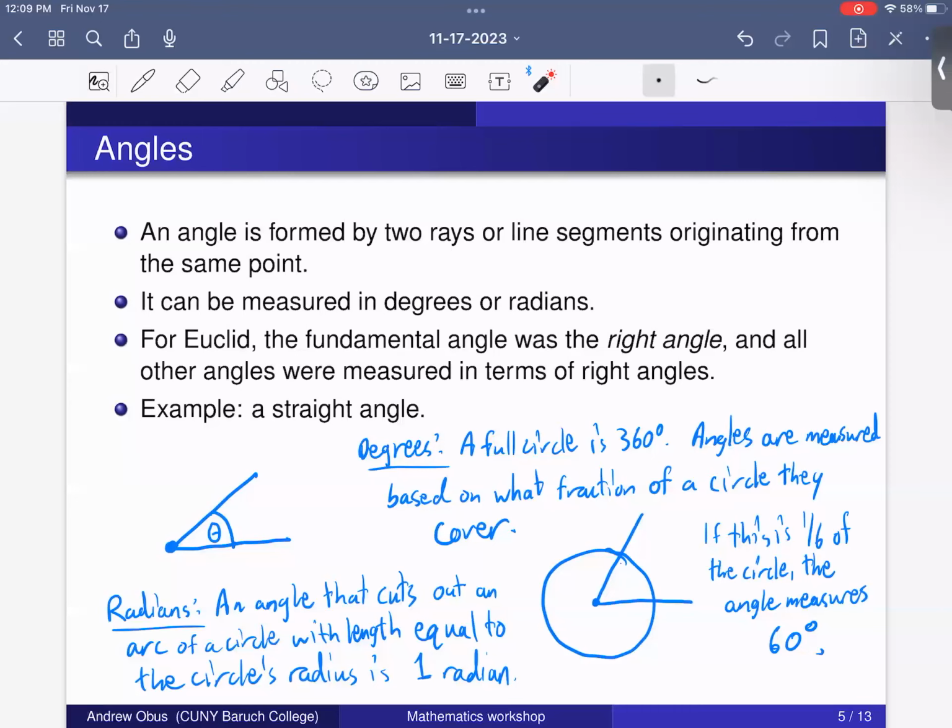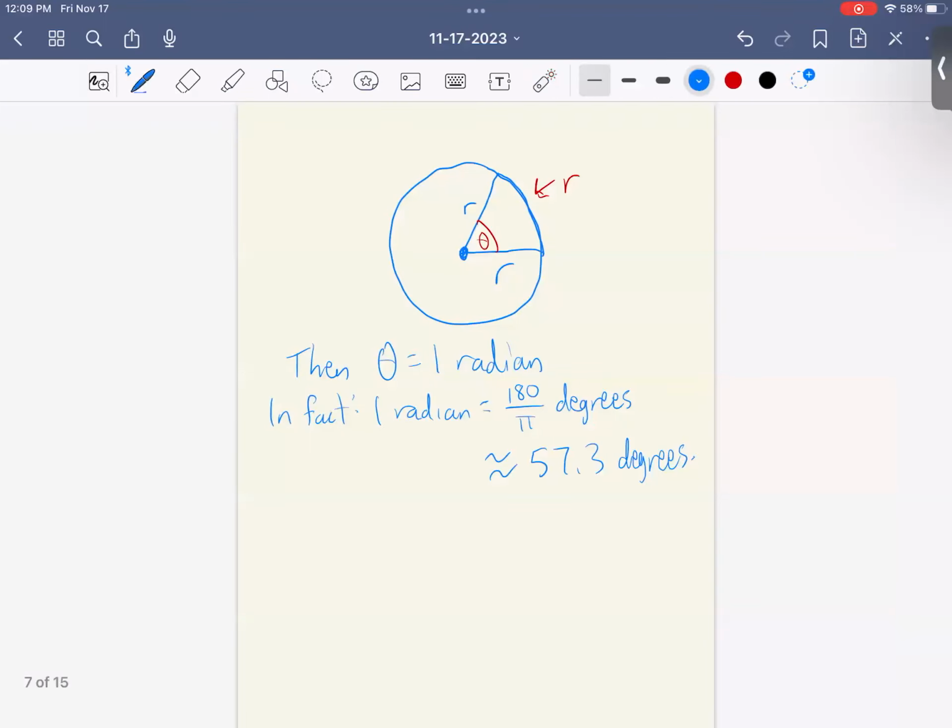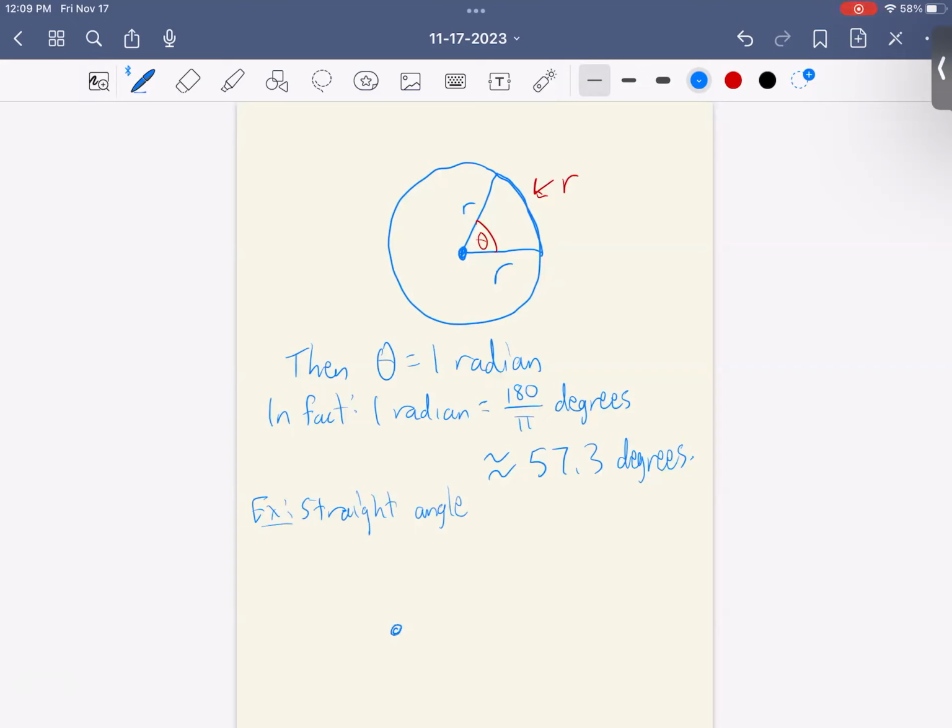So you can do that. You can just take the right angle as your unit of measurement. The right angle is 90 degrees, and anything else is done in terms of right angles. So for example, a straight angle. What does a straight angle mean? It just means that we have 2 rays going out in a straight line in opposite directions, and we look at this angle.